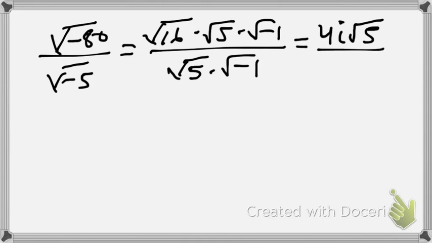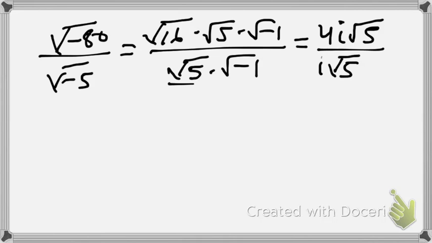Again, the square root of 5 here is simplified, so this is the square root of 5 times i. This is why we like to put the imaginary i out in front, because we don't want it to look like we're taking the square root of 5i. So let's move it out there.